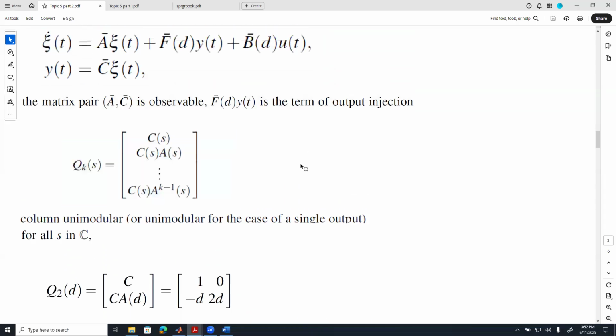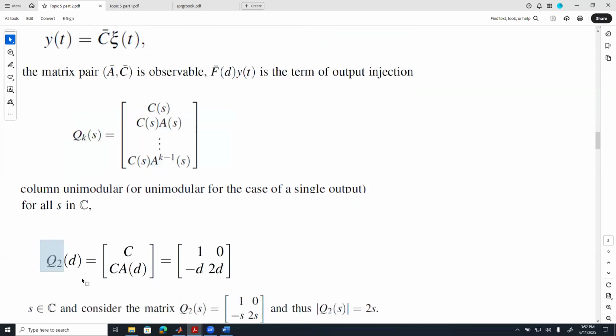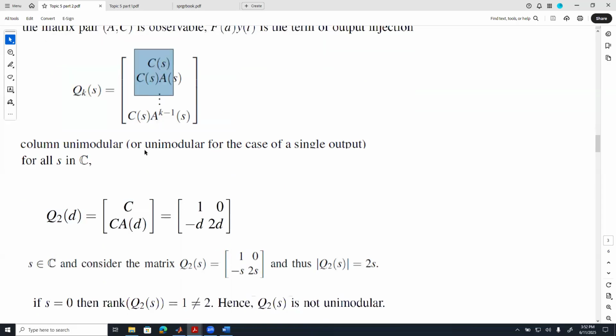So what we do is we construct this matrix where we have C(D) and C(D) times A(D) and so on, up to n. So this matrix here is a square matrix.